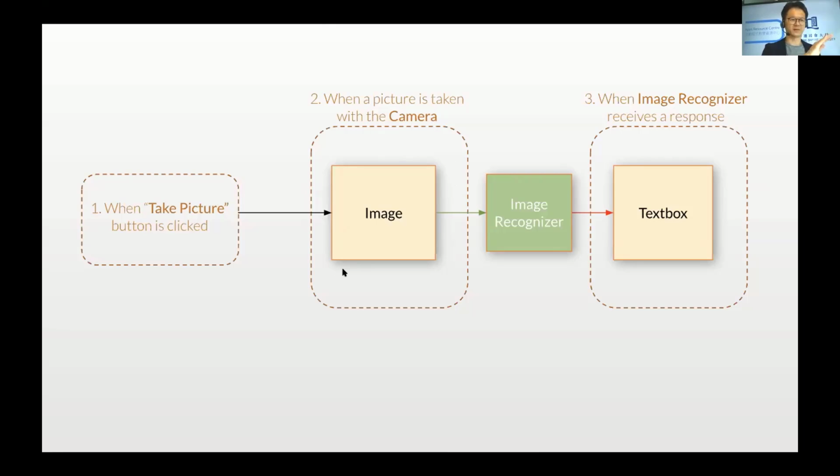Then I put the camera image I've taken and display it on screen, so I can see what I've taken. Then, instead of putting it into a translator, I put it into something called an image recognizer. After the image recognizer recognizes what that is and gives a response, I put that text into a text box.